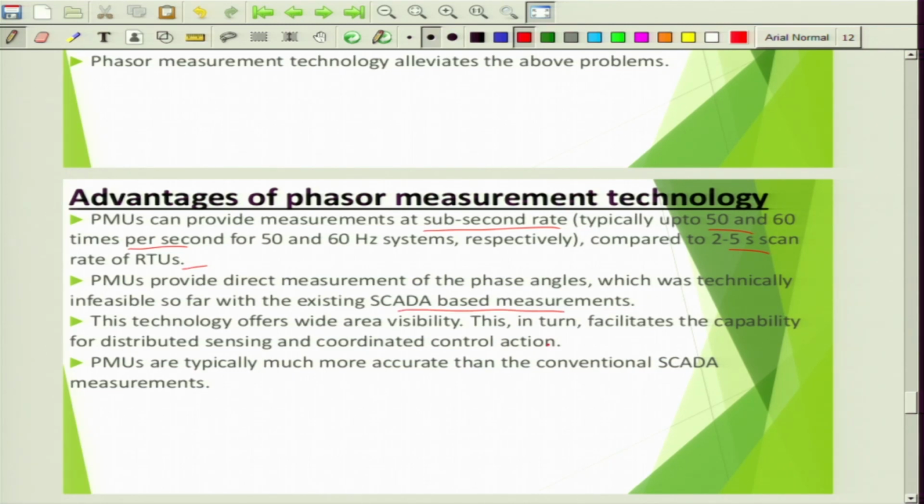Earlier SCADA based measurements would not give you phase angle. This technology offers wide area visibility. This in turn facilitates the capability for distributed sensing and coordinated control action. So controlling would be much faster. PMUs are typically much more accurate than conventional SCADA based measurements.